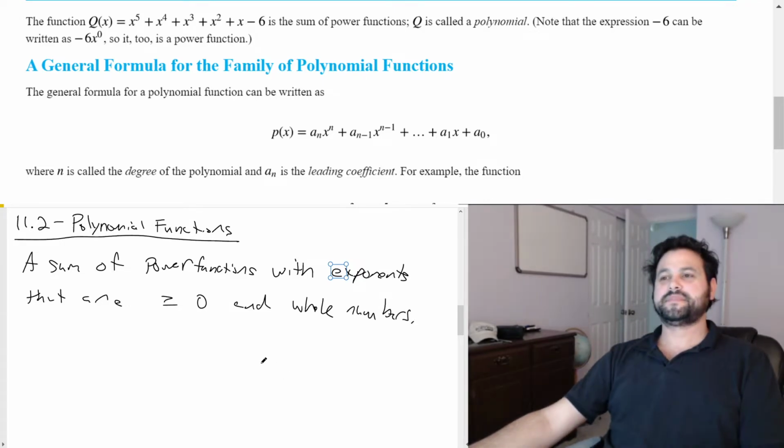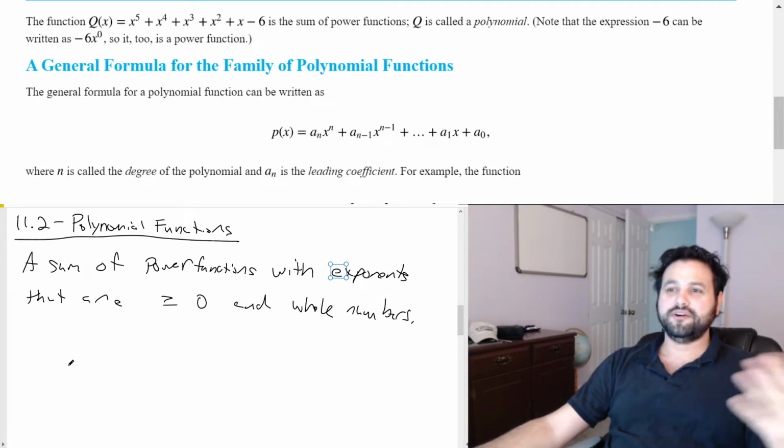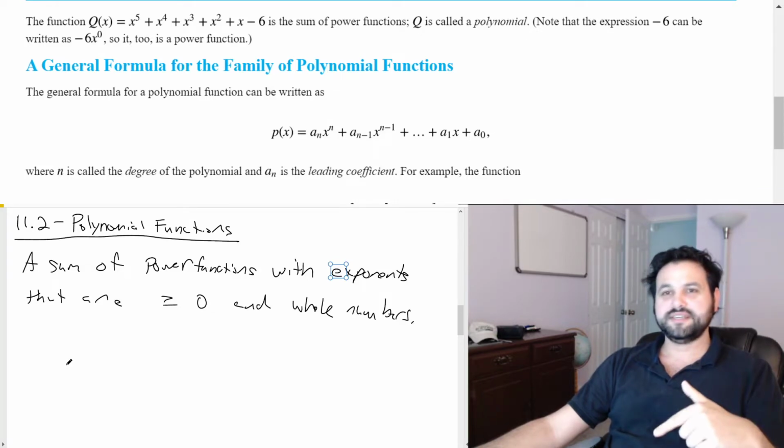Okay, that kind of worked. So positive integer values and also 0 because, as we're going to see, a constant term has an exponent of 0.